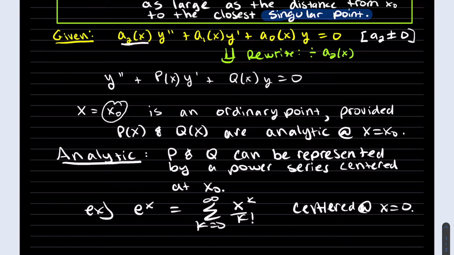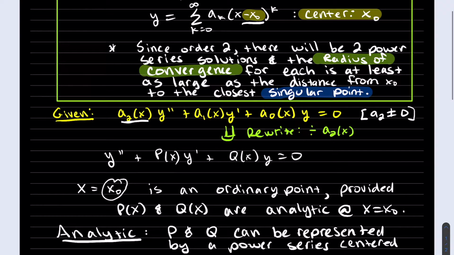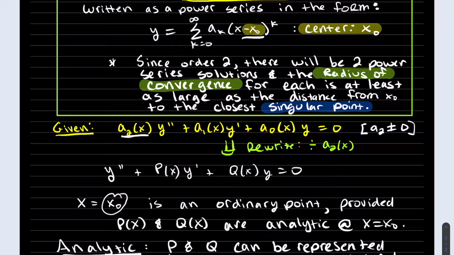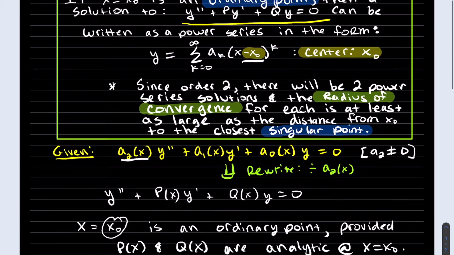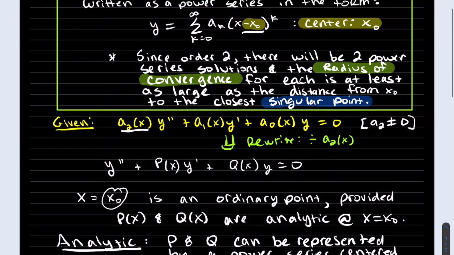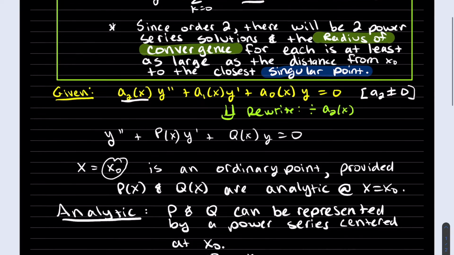So I'm just going to do a lot of examples here showing what singular points and ordinary points are, which will hopefully help you understand the difference. Ordinary points are used with the process I'm going to show you in this section. And if it's a singular point, then you build a power series around the singular point using Frobenius, which is the next section, the next video.